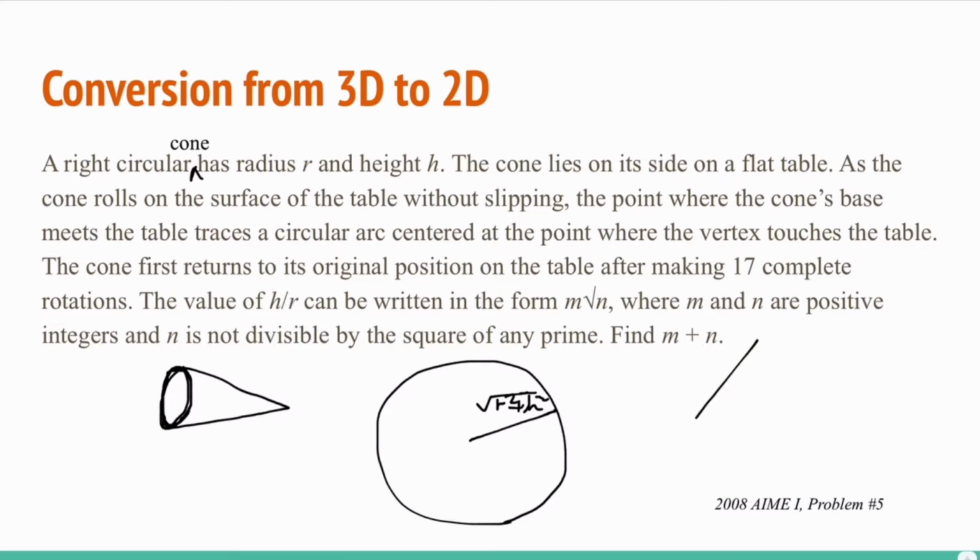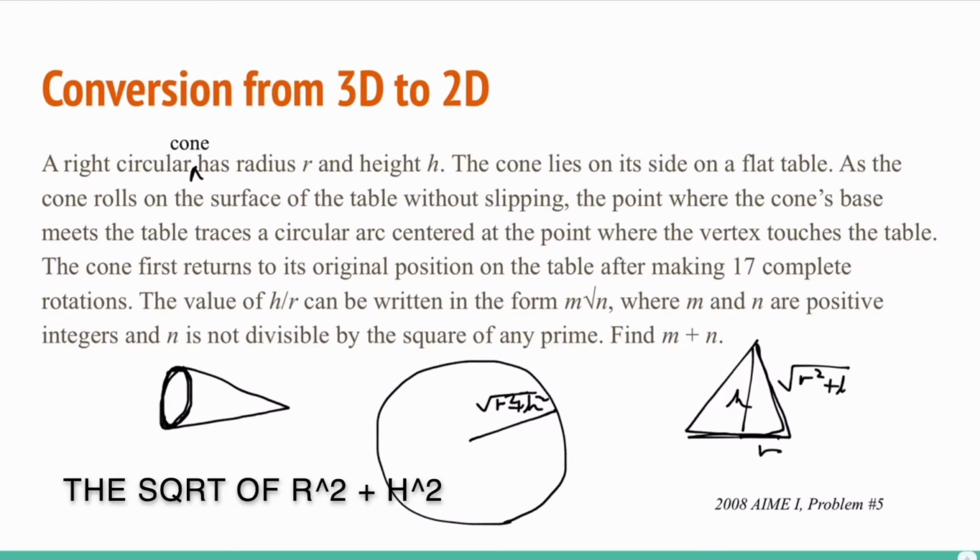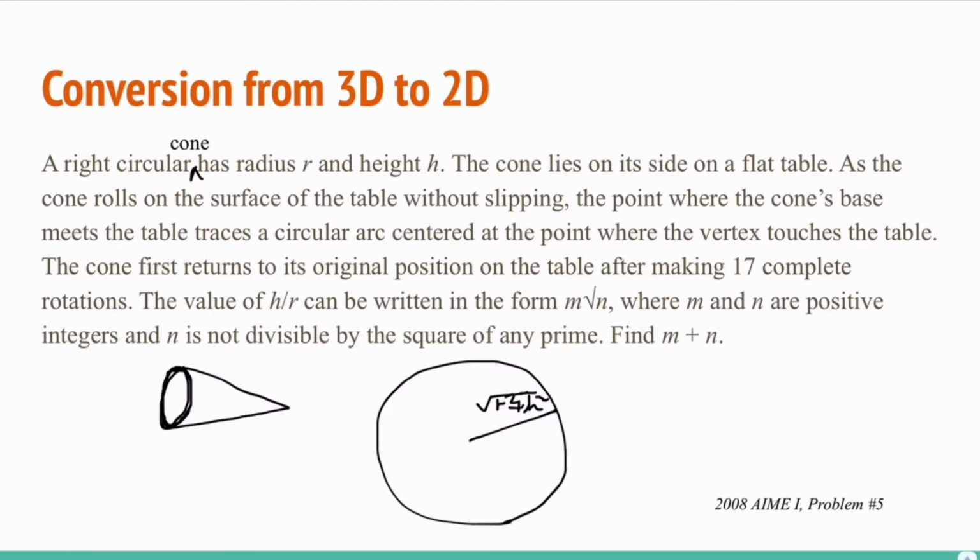Because in a cone, we can treat it as a triangle with this is r, this is h, so the slant height is the square root of r squared plus h squared.